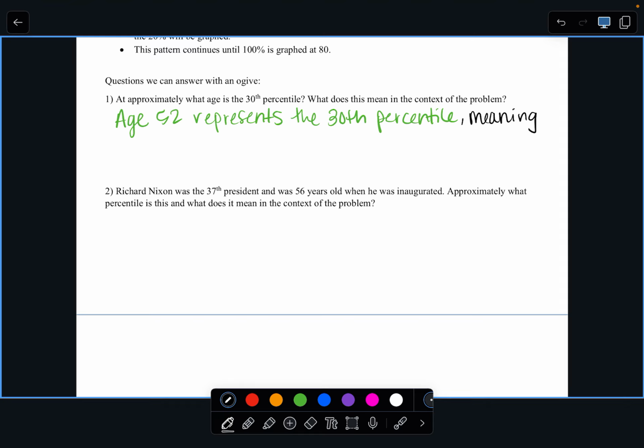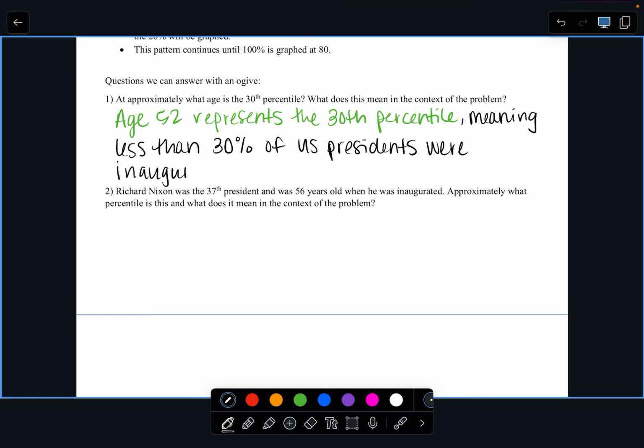You have to answer everything. So meaning less than 30%, because a percentile is at or below, of US presidents. And you always have to have context. Were inaugurated before the age of 52.